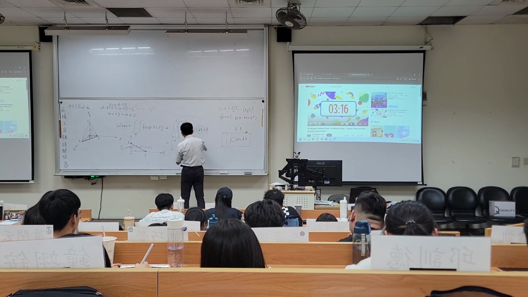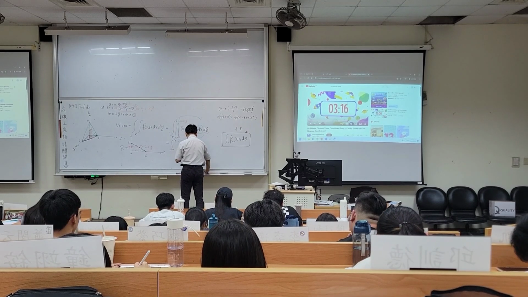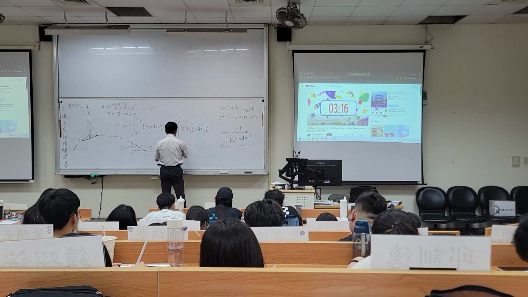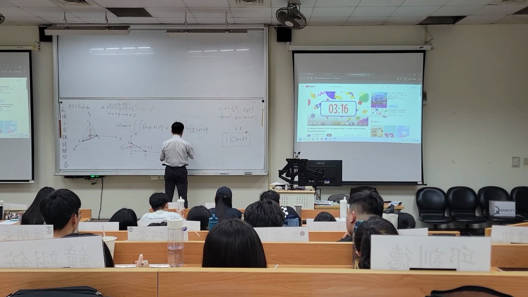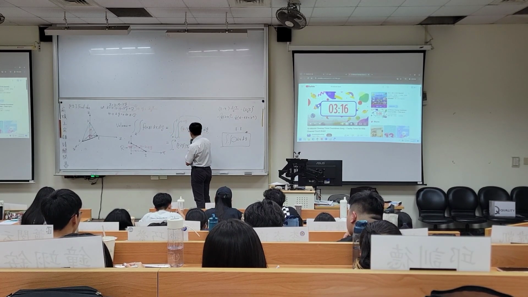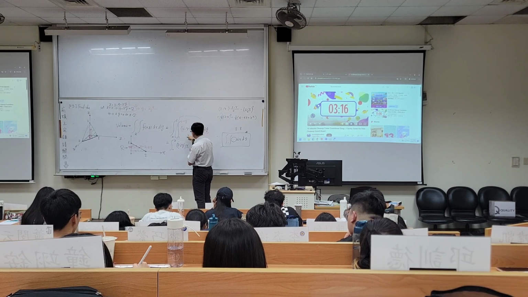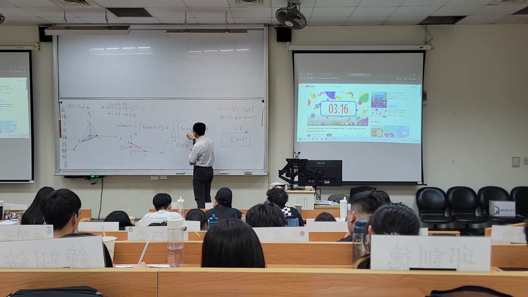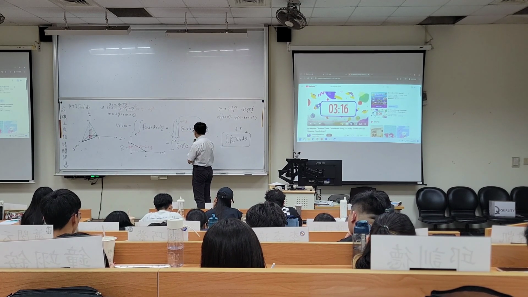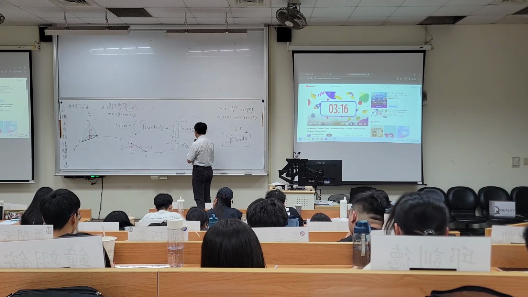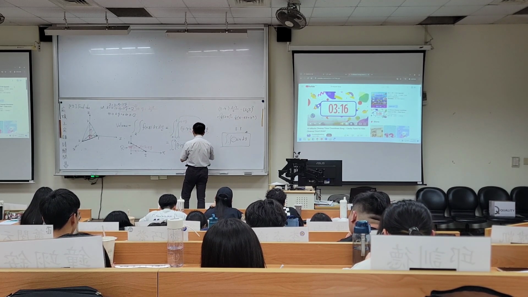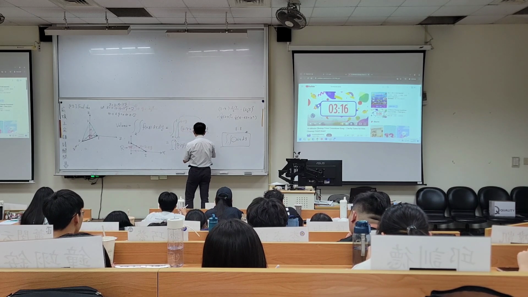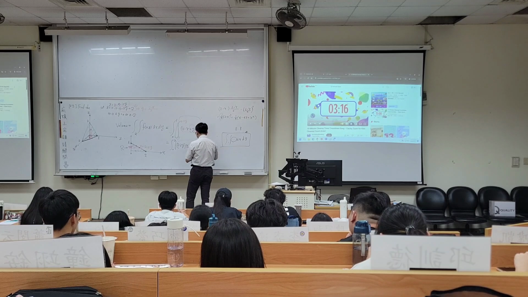So I put these two together, 2 minus 2y, okay? So we treat 2 minus 2y as a constant, and the integral of x is 1/2 x squared, and x from 0 to 2 minus 2y.